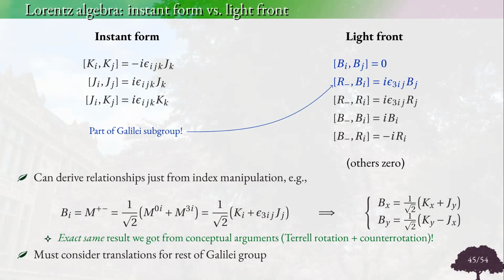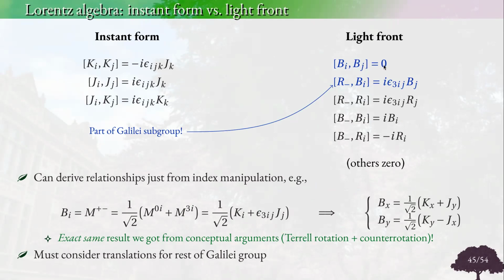So once you actually get all of these rules, and it is worth going through the algebra and getting all of them, then your instant form versus light front looks a little bit more complicated. With instant form, you can summarize things in terms of just 3 formulas. Light front, you have a few more formulas.